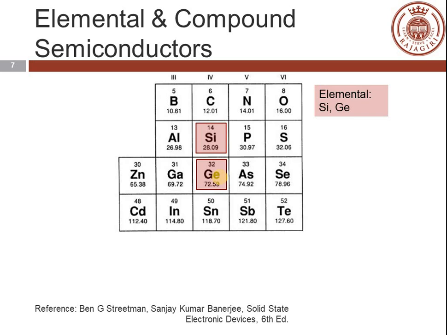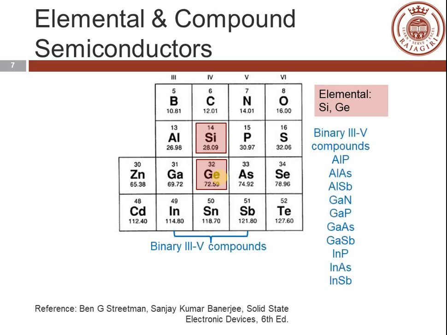Now, compound semiconductors can be binary, ternary, or quaternary compounds, etc. If it is a binary compound, it will be formed by combining elements in group 3 and group 5 of the periodic table, like aluminum arsenide, aluminum phosphide, gallium phosphide, gallium arsenide, etc.